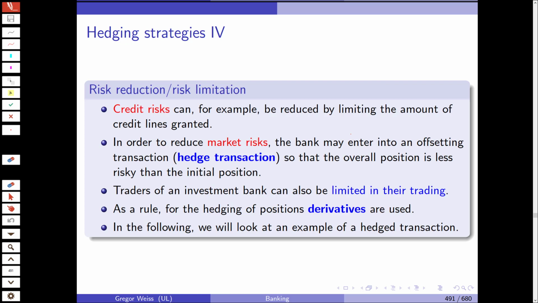You can reduce market risk. How? By entering an offsetting transaction, and this is what we call a hedge transaction, or simply a hedge. So if, for example, we have a stock market investment, and if we get into a derivative contract, these two transactions might each cancel each other out.